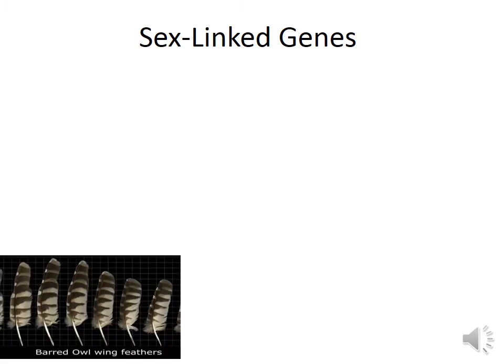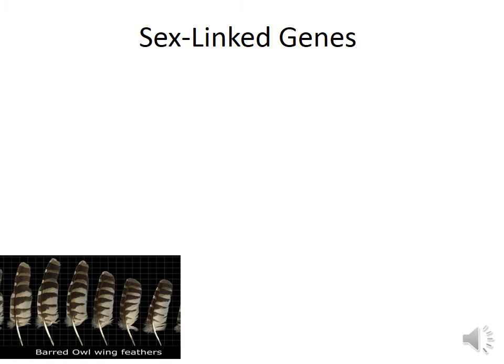Another example of sex-linked genes is the characteristics of feathers in birds. As you can see in the picture, there are two kinds of characteristics. Barred feather at saka yung non-barred feather. Barred feather looks like alternating of darker and lighter colors of feathers in birds.